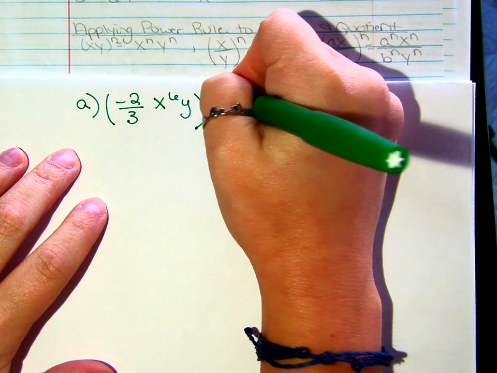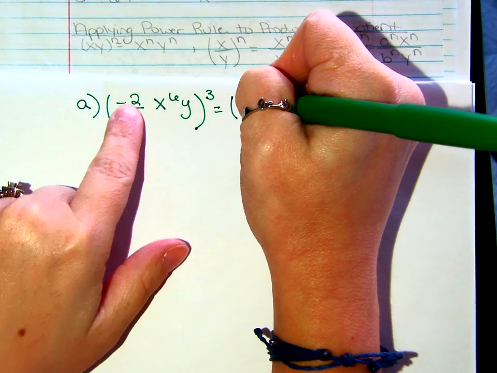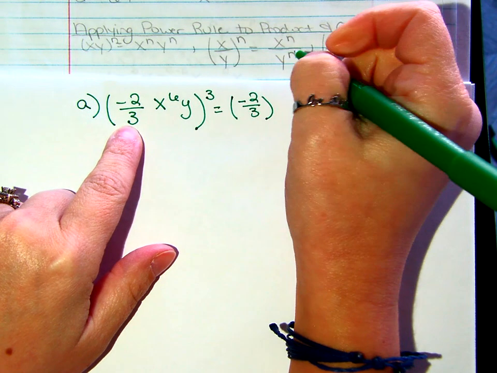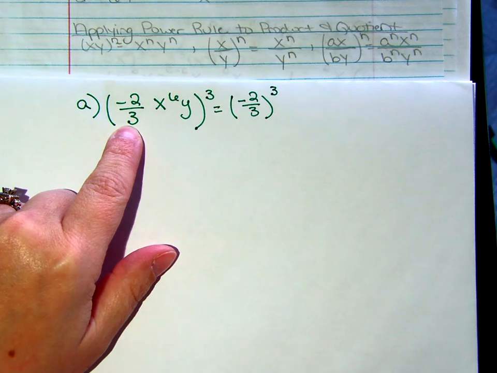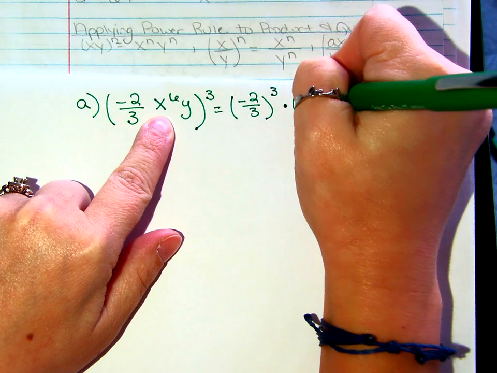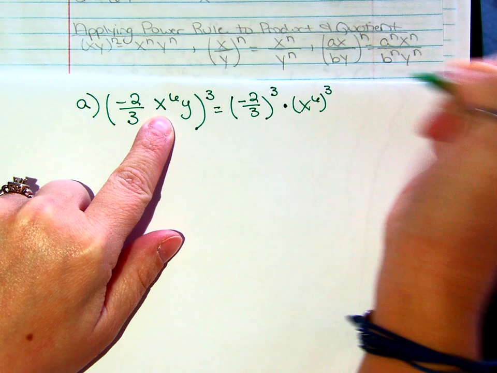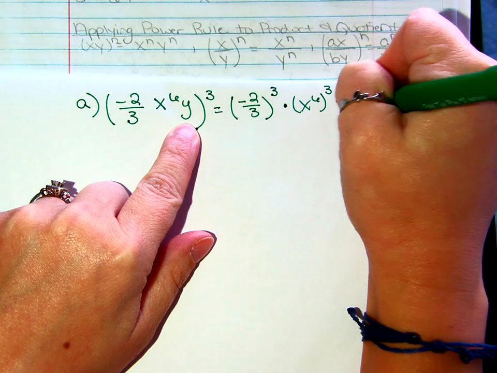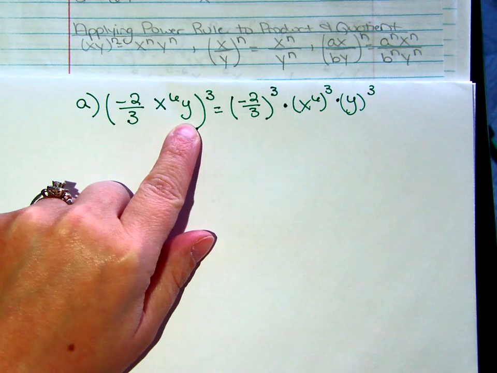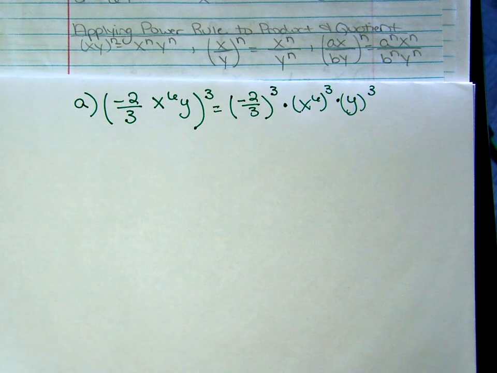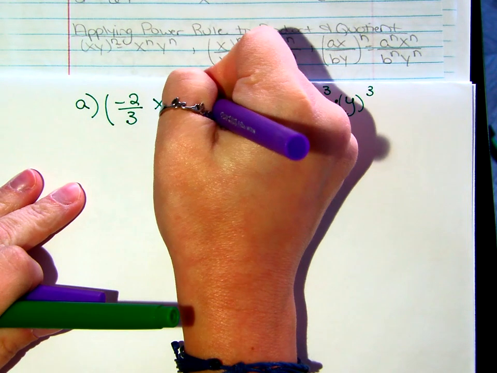My first term is my constant term, my number, where I have negative 2 to the 3rd, and that is raised to the 3rd power. My next term is my x to the 6th term, which is being raised to the 3rd power. My next term is my y term, which is being raised to the 3rd power. So I'm just really showing you how we are using the distributive property to bring that exponent in to every single one of our terms.